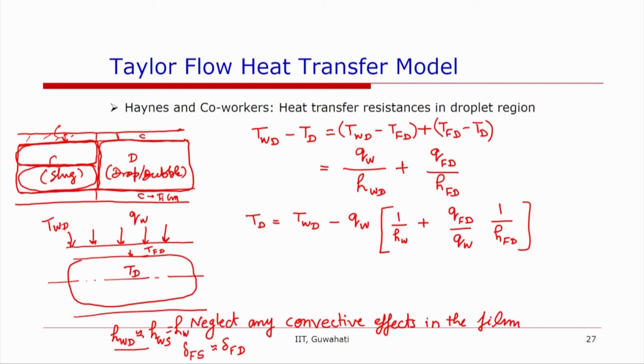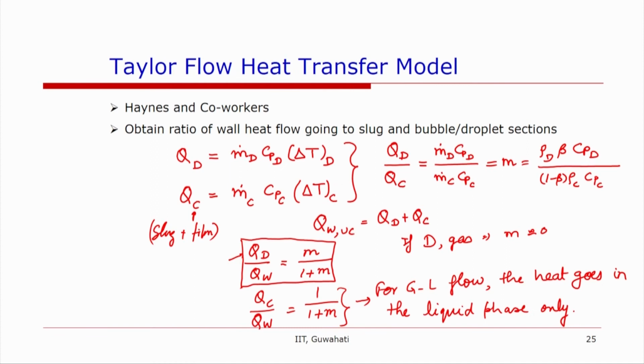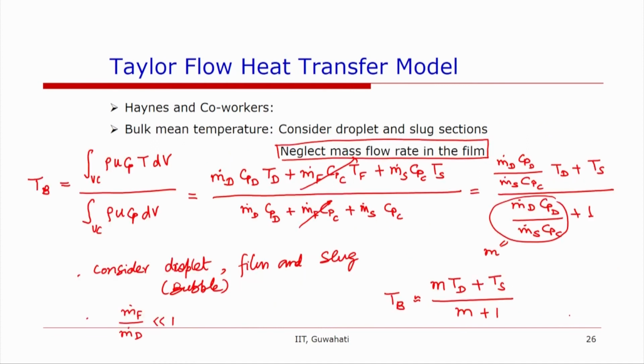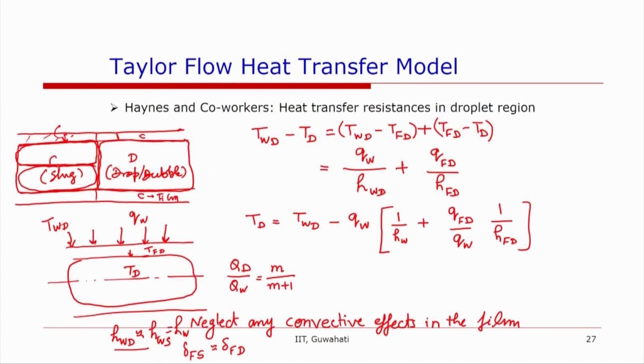Now, we need to write this QFD. Because we knew that QD over QW is equal to M over M plus 1, you can remind yourself from here. QD over QW is equal to M over M plus 1.